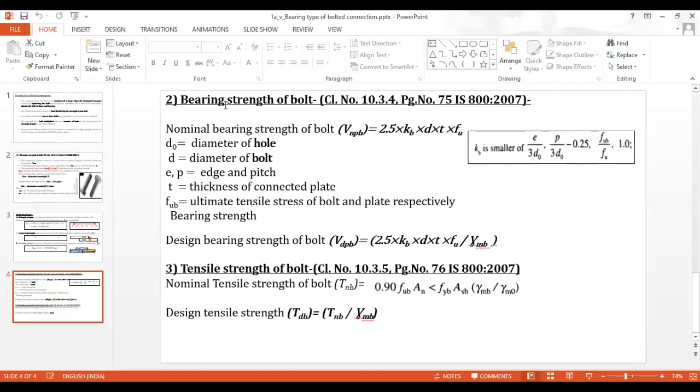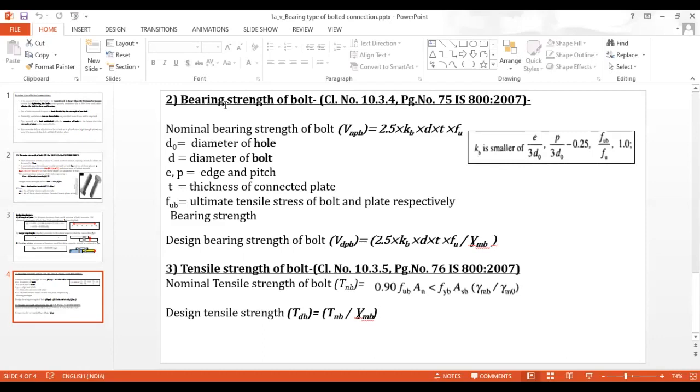Now here the first coefficient kb comes into existence. The kb is calculated by e upon 3 times d naught, where d naught is the diameter of the hole, or p upon 3 times d naught minus 0.25, or fub upon fu, or 1, whichever is smaller.